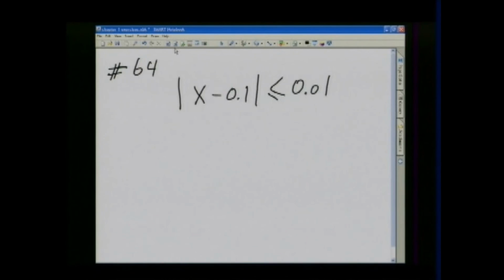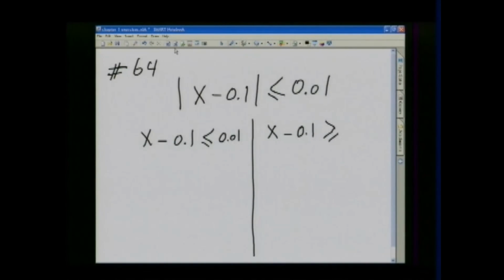Again, looking at the properties of inequality and absolute value, we know that this, without the absolute value sign, can be written as X minus 0.1 less than or equal to 0.01, or, I'll open up another column, X minus 0.1 greater than or equal to minus 0.01.